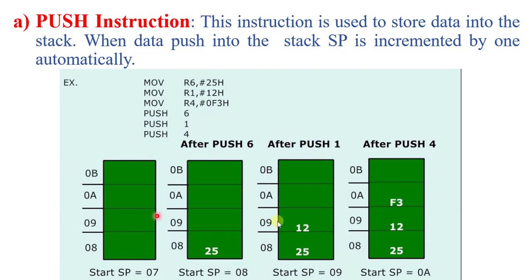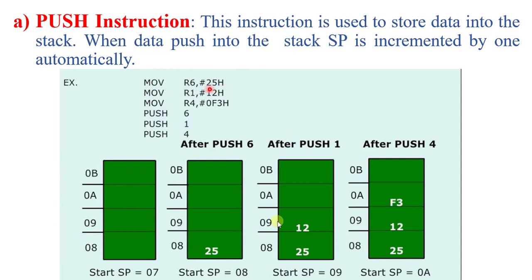So here, with the help of this example, I will explain how the push instruction works. As I have already told, by using the push instruction, we push the content of any CPU register into the stack area. So first we want to load the CPU registers, so we use these instructions. The first instruction is MOV R6, #25H.